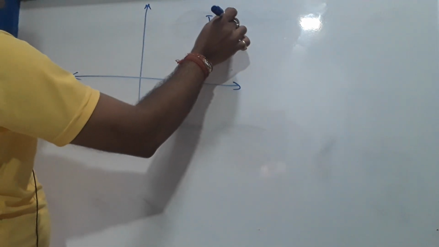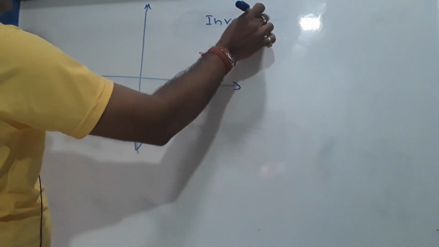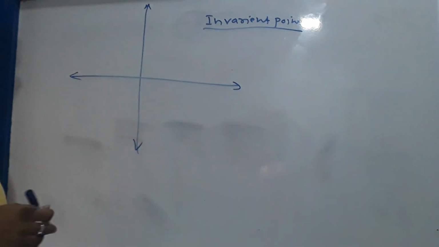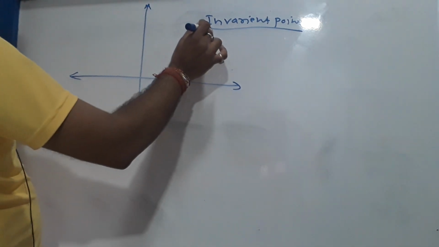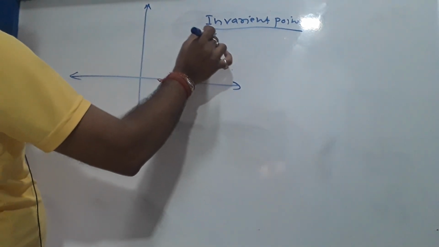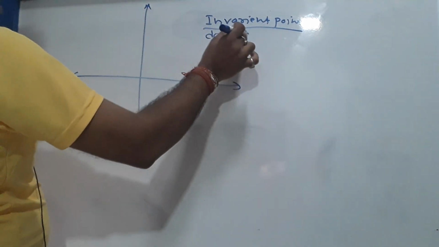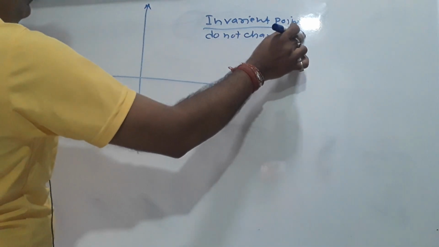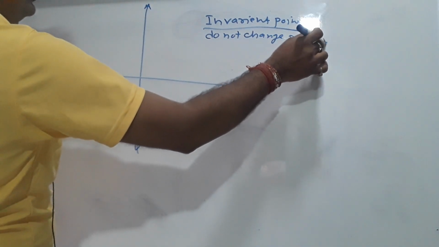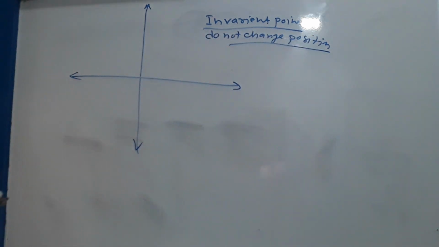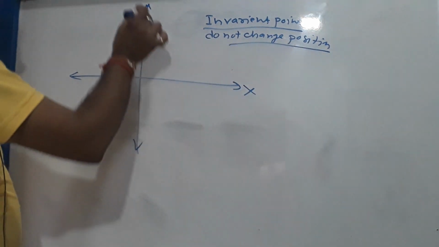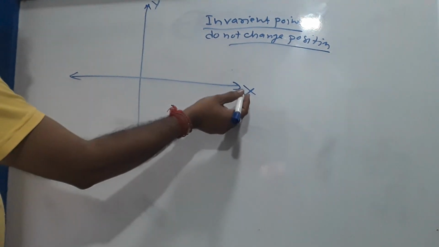Invariant means do not change position. Let us take this x-axis, y-axis. What is the equation of the x-axis?